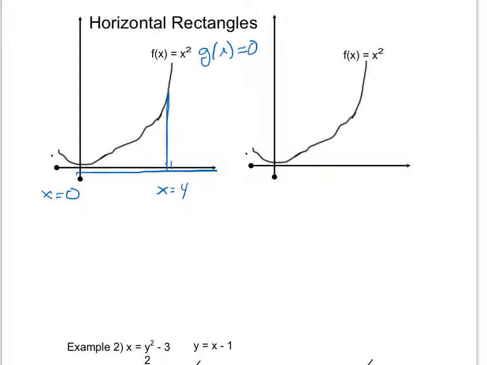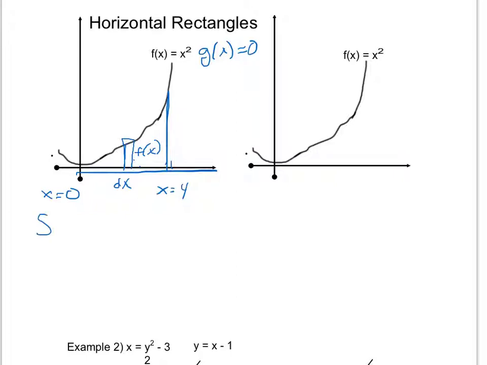Doing that, if I chose rectangles, let's say I went up to my curve, came over, and then came back down. The height of my rectangle would be f of x. The width of my rectangle, call it dx, and then f of x times dx would give me the area of that rectangle. If I turn that into an integral, how do I find the area from x equals 0 to x equals 4?